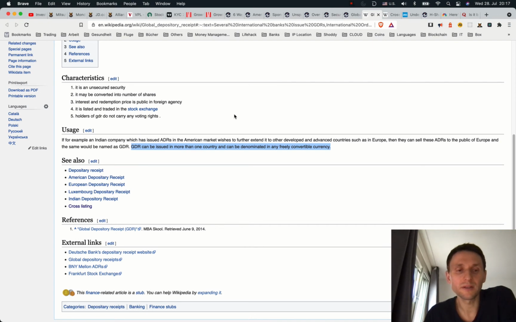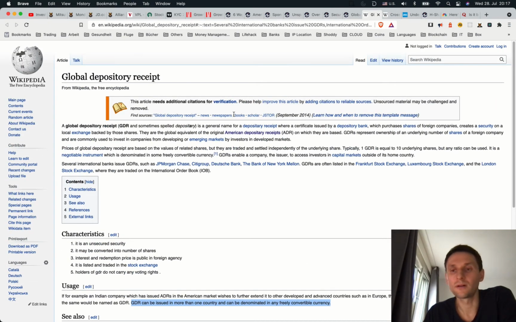So GDR is a huge opportunity for foreign stocks to be listed around the world, not only in the United States, because for the United States we have this ADR, and with GDR a company can be listed somewhere else.